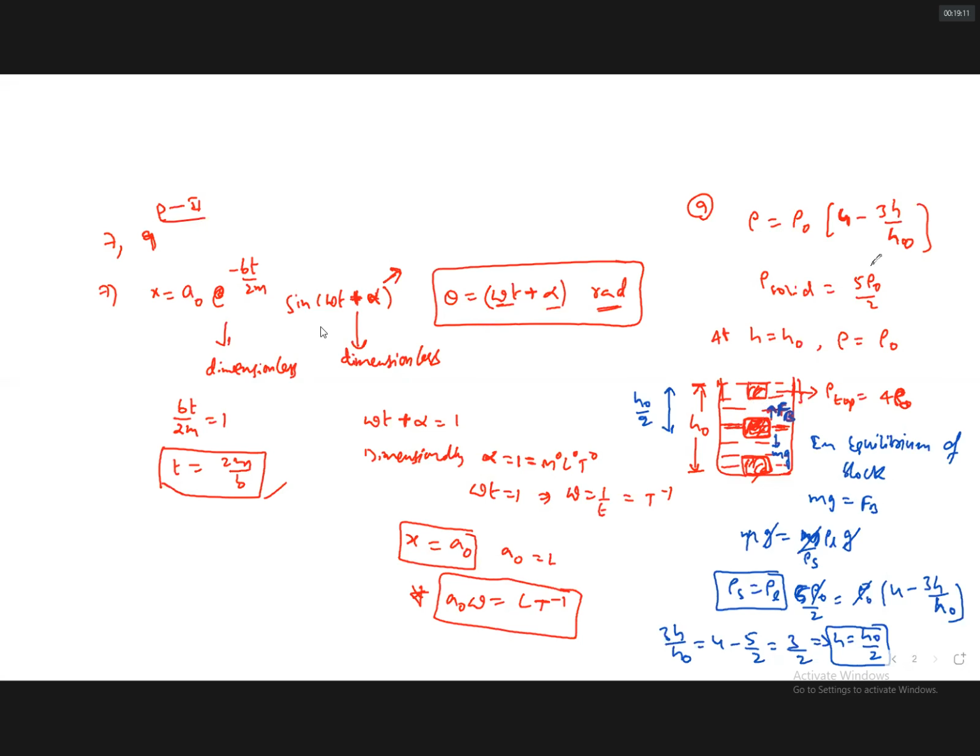As we move up, the density of the liquid is more than the solid density, so buoyancy force is acting upward. If we push the solid above the equilibrium position by a small amount, extra buoyancy will be created.